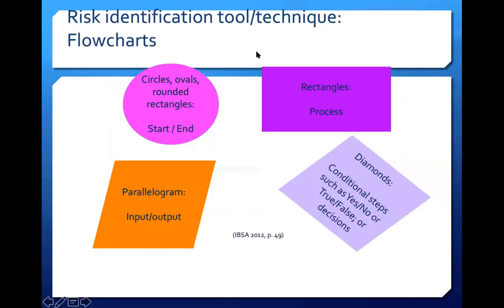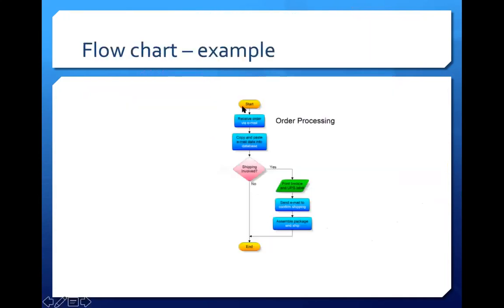And another tool or technique in terms of risk identification is flow charts. Flow charts use different shapes to symbolize actions. Based on the flow chart logic in risk identification, we can identify risk at any stage of the flow chart.